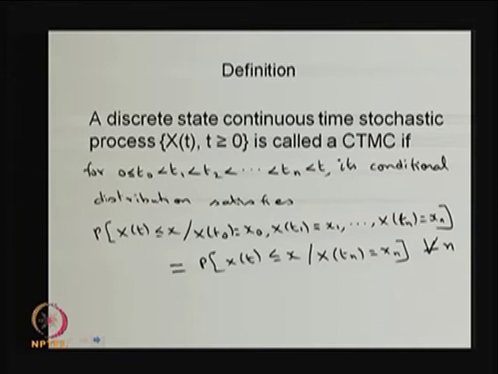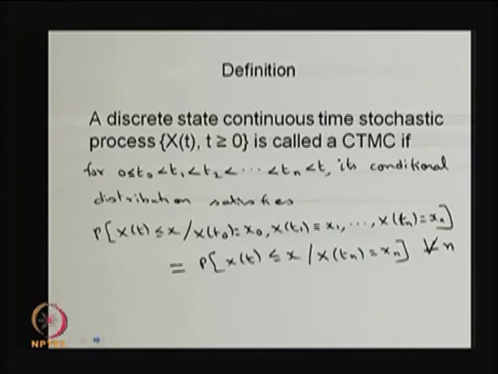That is same as what is the probability that in the future the random variable will be in some state at time point t, given that it is now in the state xn at the time point Tn. That means future given present as well as the past information is same as future given only the present, which is independent of the past information.